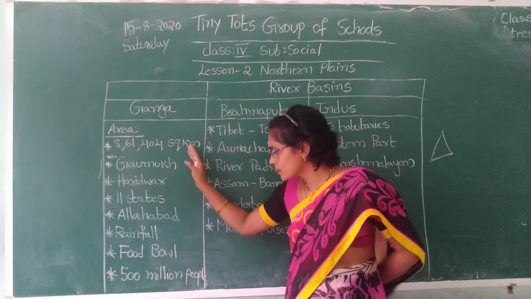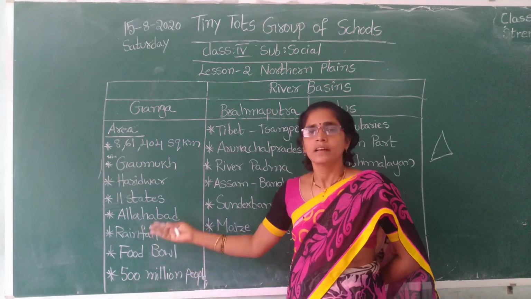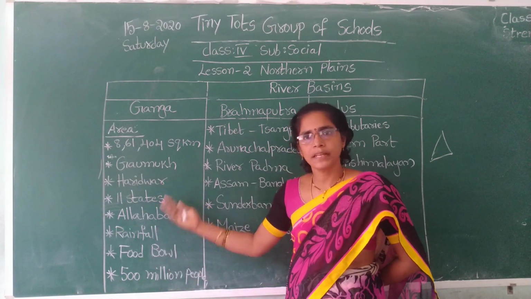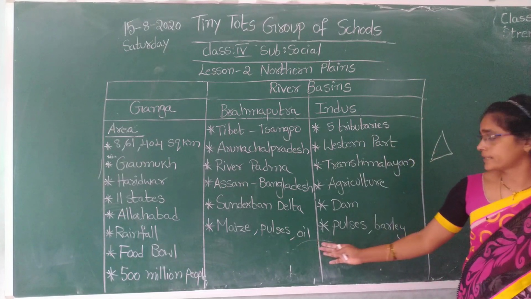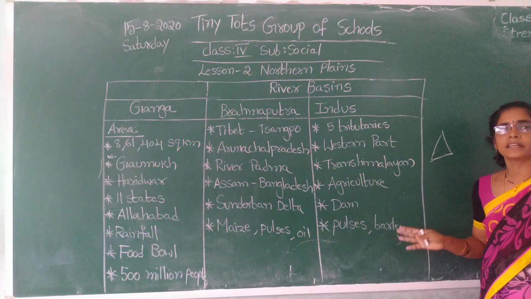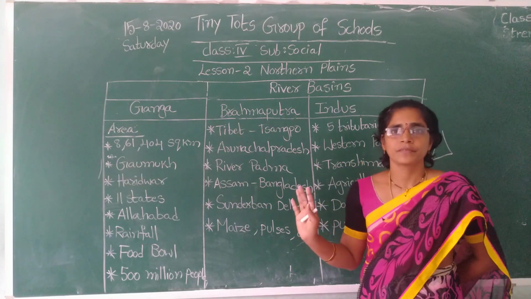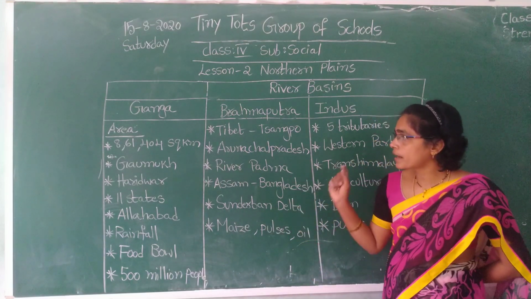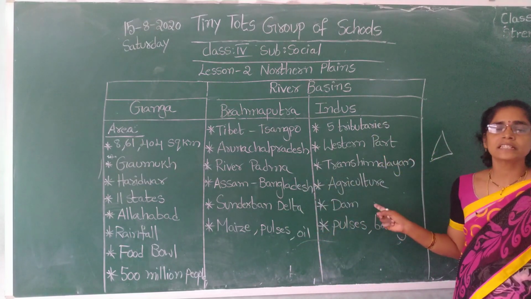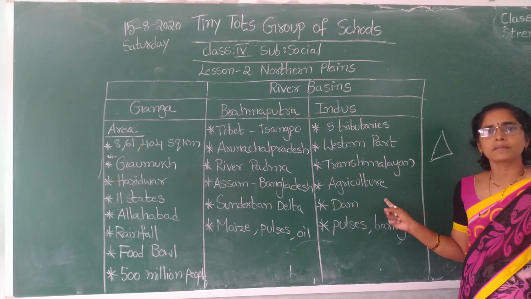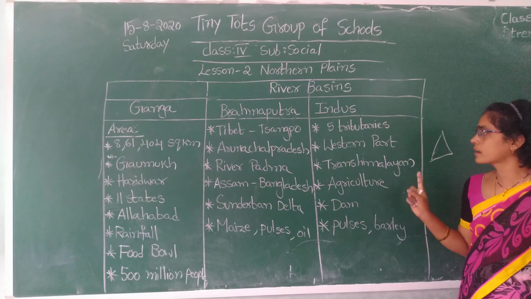And what are the crops grown here? Here rice, wheat, maize, pulses and oilseeds. Here pulses, barley, rice, wheat, sugarcane. Write the crops. And one more thing: right here the dam, which is very famous and useful for irrigation and hydroelectricity purposes, Bhakra Nangal Dam.